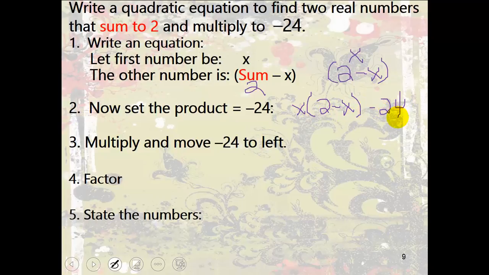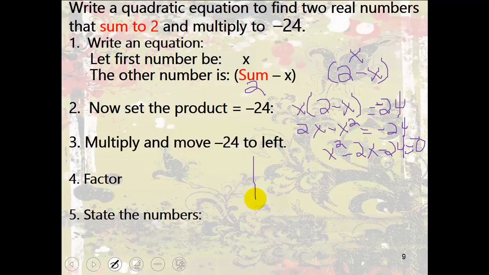So again, I'm going to distribute and then move everything to the right, so I get a positive x squared. So I get x squared minus 2x minus 24 equals 0.